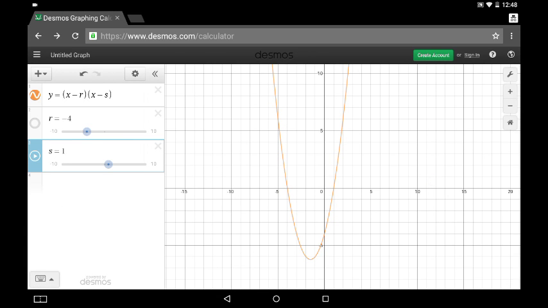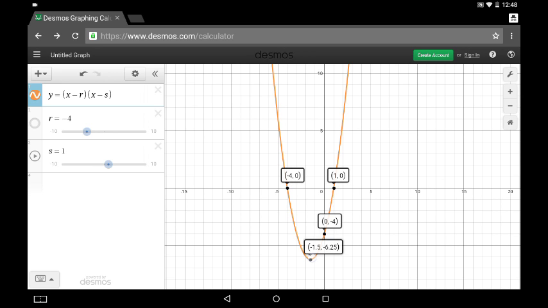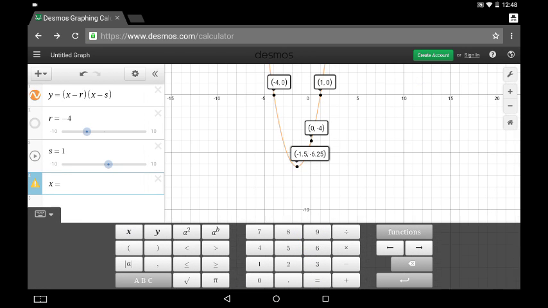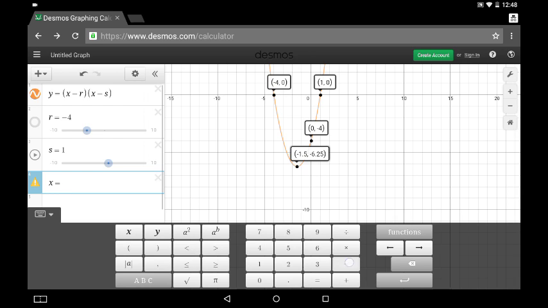Alright, let's look at this. Where are our key points here? Here, here, here, and here. There's our vertex, (-1.5, -6.25). So our axis of symmetry will be at x equals -1.5. I can add that on here. X equals -1.5.